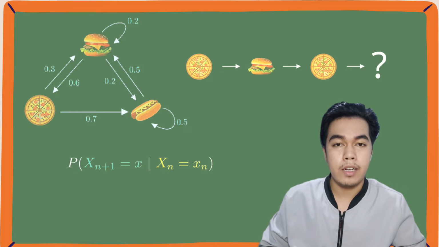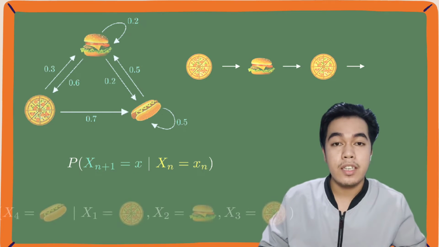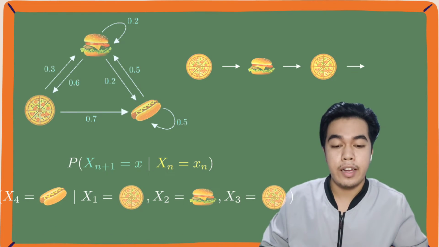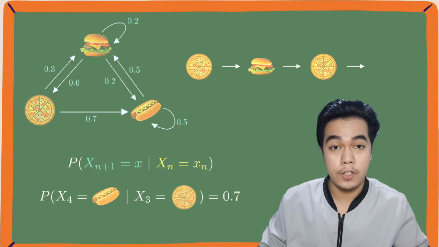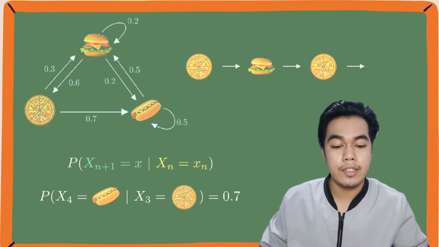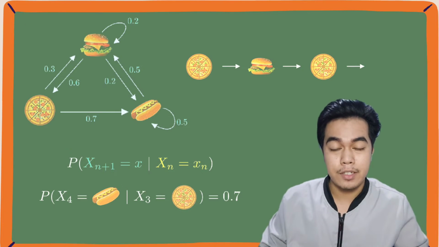Now, what is the probability that they will serve hot dogs on the fourth day? Well, we just need to look at the third day, and it turns out to be 0.7. So this is the heart of the Markov chain, and it's known as the Markov property.